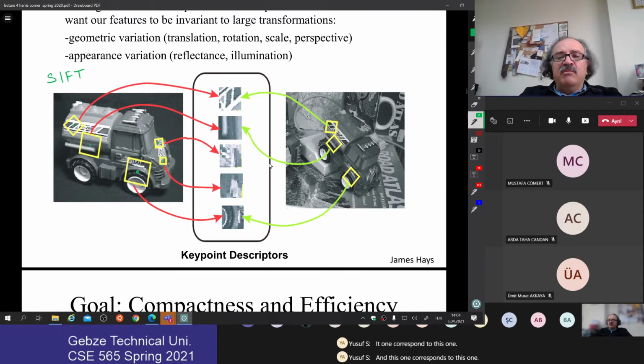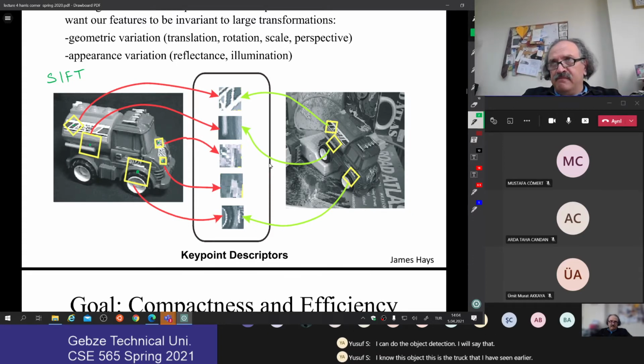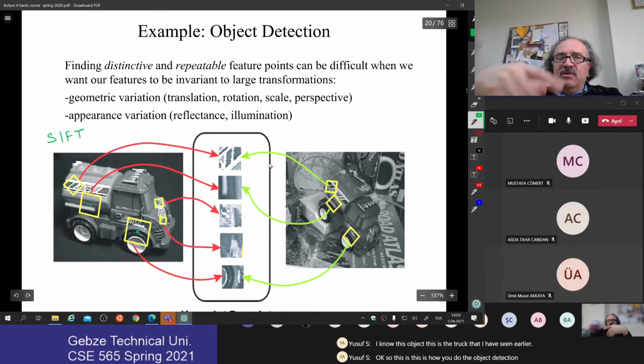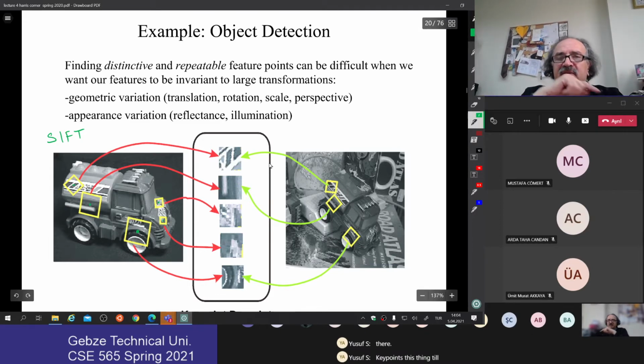So by matching these kinds of key point descriptors, I can do the object detection. I will say that I know this object. This is the truck that I have seen earlier. So this is how you do the object detection using the distinctive and repeatable key points and the descriptors.